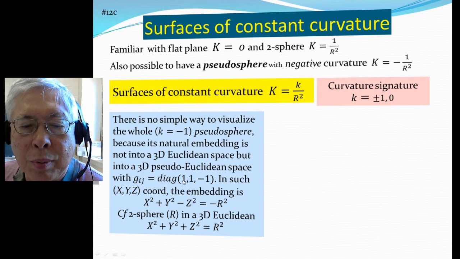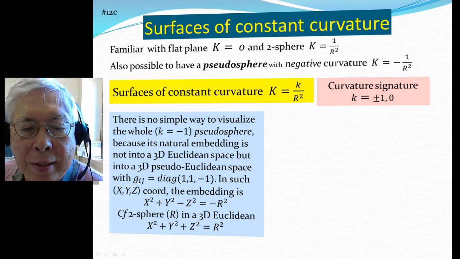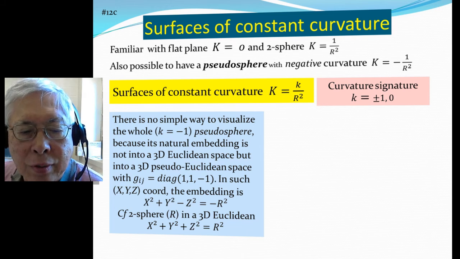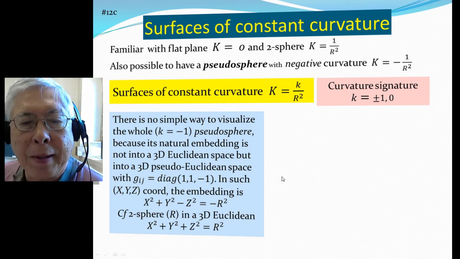In fact, the embedding condition in such a pseudo-Euclidean space is x squared plus y squared minus z squared equal to minus r squared. This is in contrast to the spherical embedding in a three-dimensional Euclidean space, which is x squared plus y squared plus z squared equal to plus r squared.